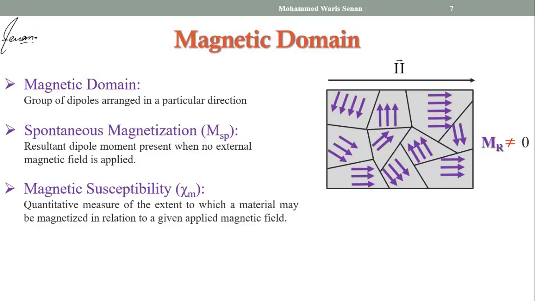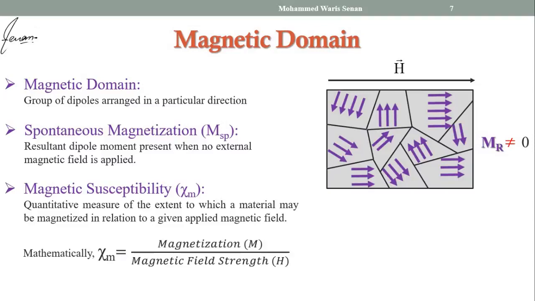And the next one is magnetic susceptibility. It is the quantitative measure of the extent to which a material may be magnetized in relation to a given applied magnetic field. Mathematically, it is the ratio of the magnetization M to the magnetic field strength, and this magnetization is actually dipole moment per unit volume.